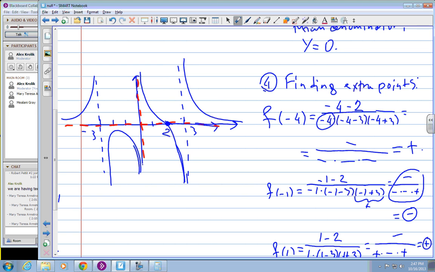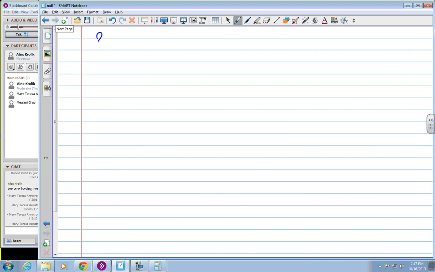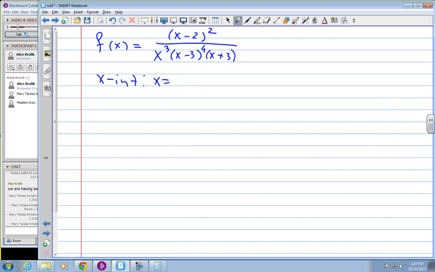Let me try something like this. Don't write this down. I'll go very fast. I'll do the same one, but it's x minus 2 squared over x cubed, x minus 3 to the 4th, x plus 3, like that. I just threw a bunch of exponents all over that thing. It still has the x-intercept x equals 2.